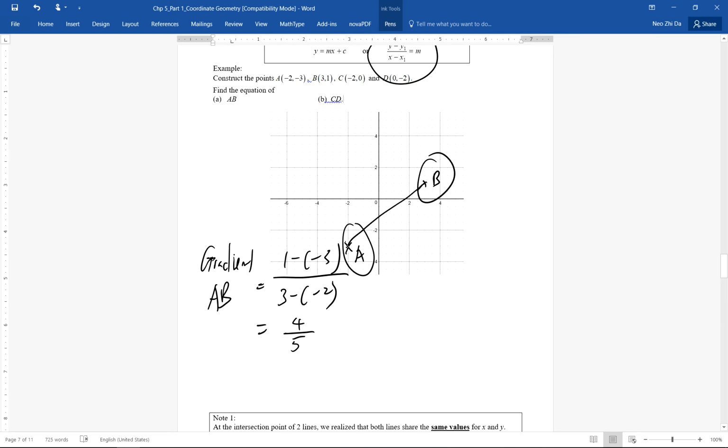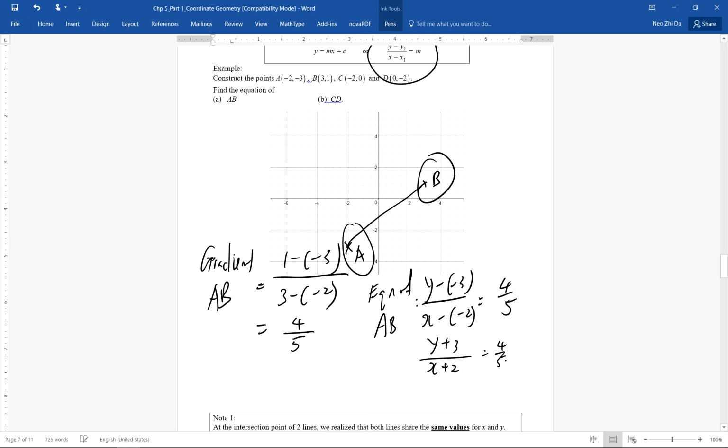So equation of AB: y minus y1, what is y1? Negative 3, over x minus x1, equals gradient. This one is going to be y plus 3 over x plus 2 equals 4 over 5.